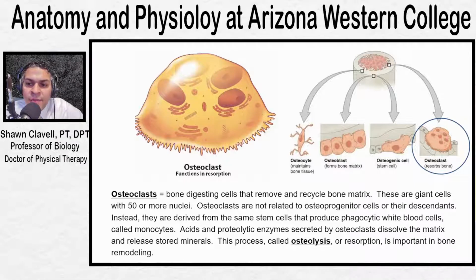Instead, they derive from the stem cells that produce phagocytic white blood cells, called monocytes. Acids and proteolytic enzymes secreted by osteoclasts dissolve the matrix and release stored minerals. This process is called osteolysis or resorption. It's important in bone remodeling.